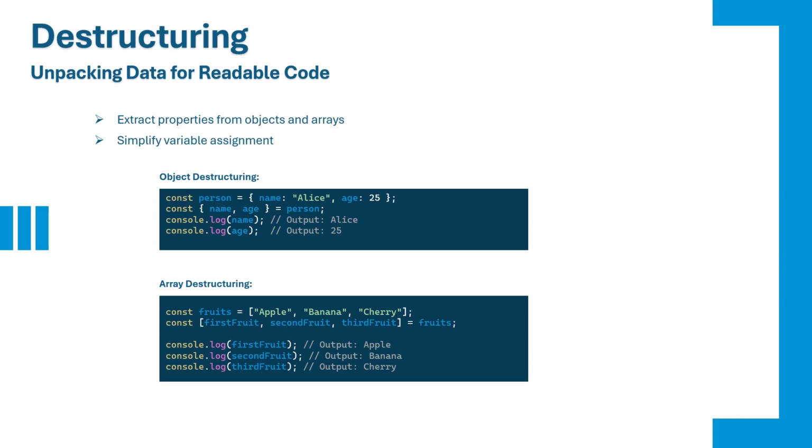The first element in the array is assigned to firstFruit, the second to secondFruit, and so on. This makes it easy to work with each item in an array individually without needing to access them by their index. The output shows each fruit logged individually: apple, banana, and cherry. Destructuring is a clean and efficient way to handle data in arrays.